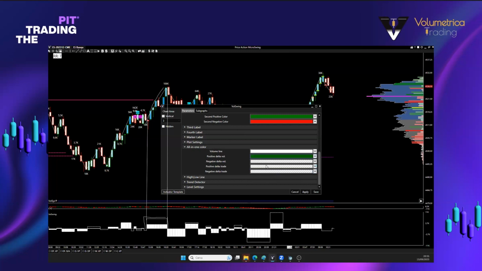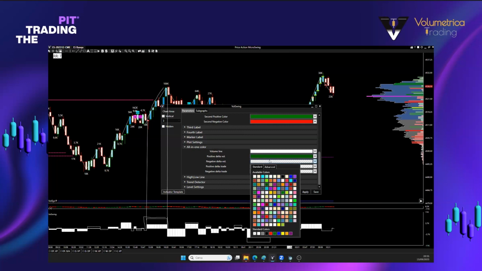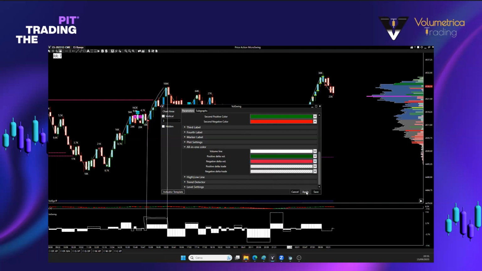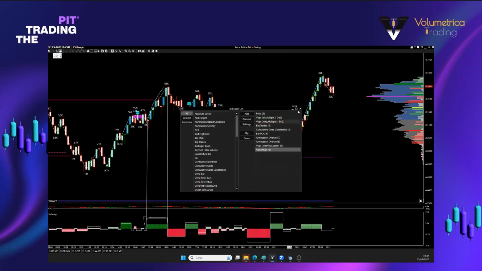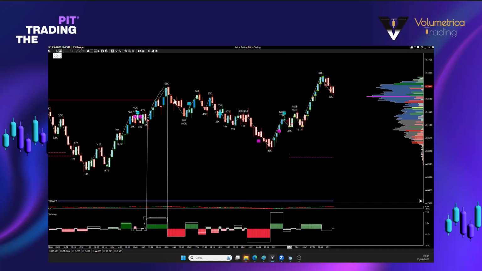It's just setting the color here. So for positive delta, we choose an ordinary green, and an ordinary red for the negative delta. And as you can see, the delta color code shows inside the indicator.